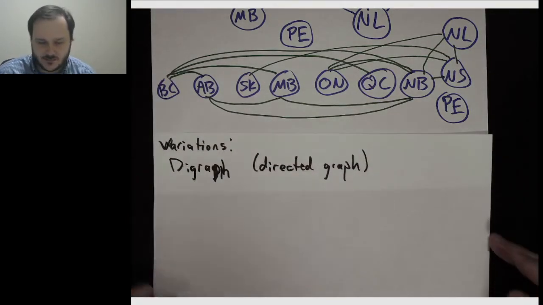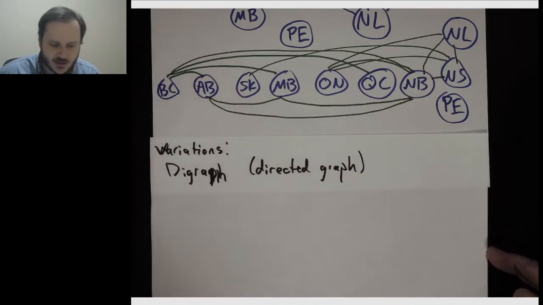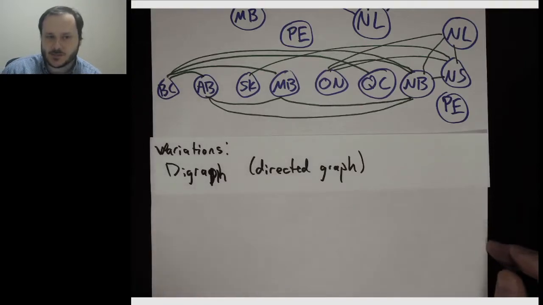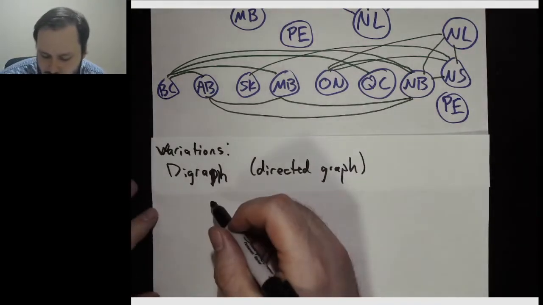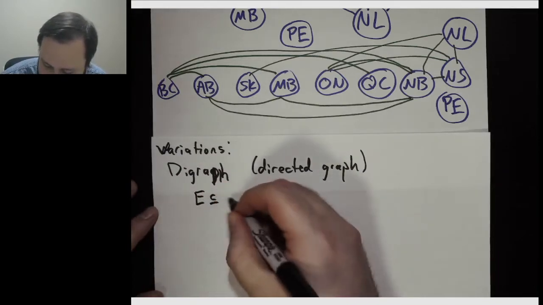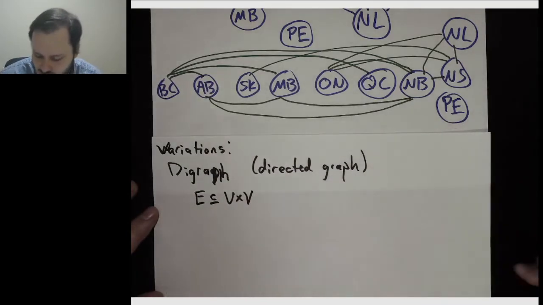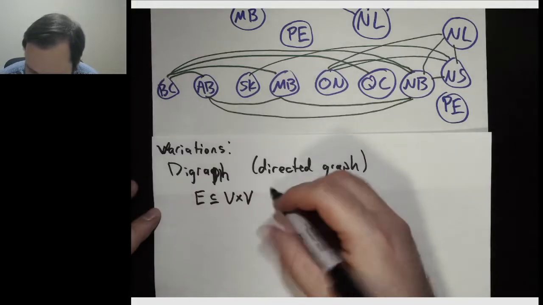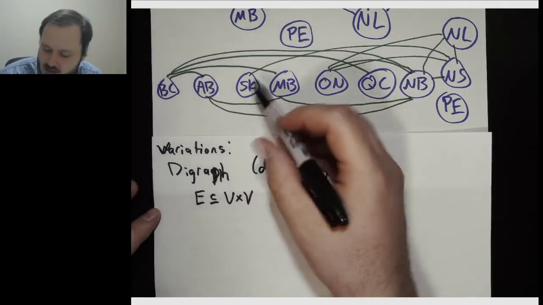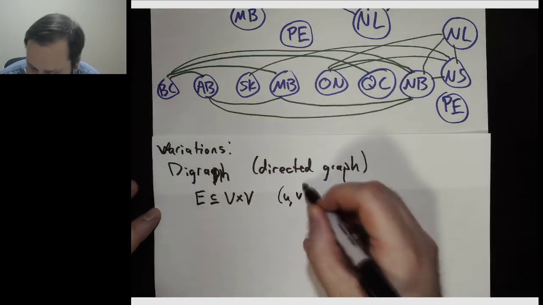So here I still have a vertex set V, but my edges now, instead of just being a subset of size 2, they're an ordered pair. So E is a subset of V cross V. This is the Cartesian product between our two sets. So that means instead of having a U comma V in a set, I have a U comma V in an ordered pair.